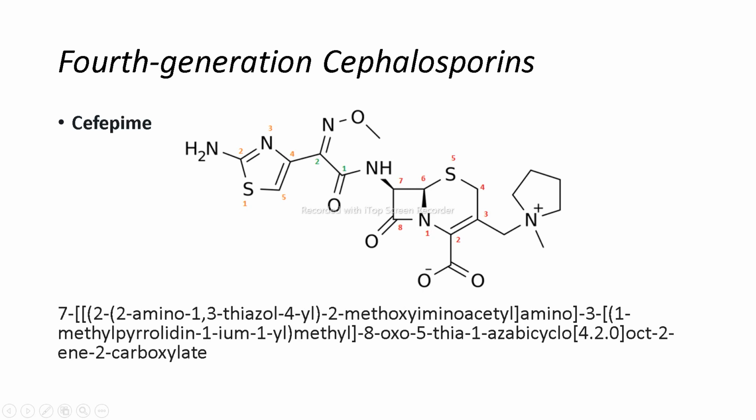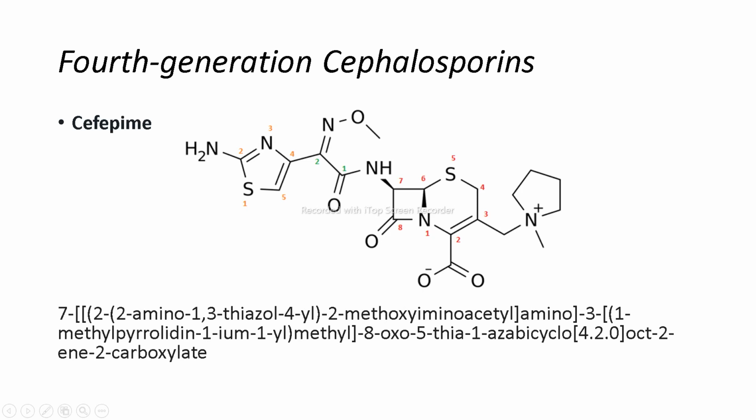then 3 dash, 1 methyl, as the numbering of this pyrrolidine ring started from this nitrogen. So methyl group is attached at which position of the pyrrolidine? That is at the first position of pyrrolidine. So 1 methyl, pyrrolidinium, 1YL. Because why 1YL?